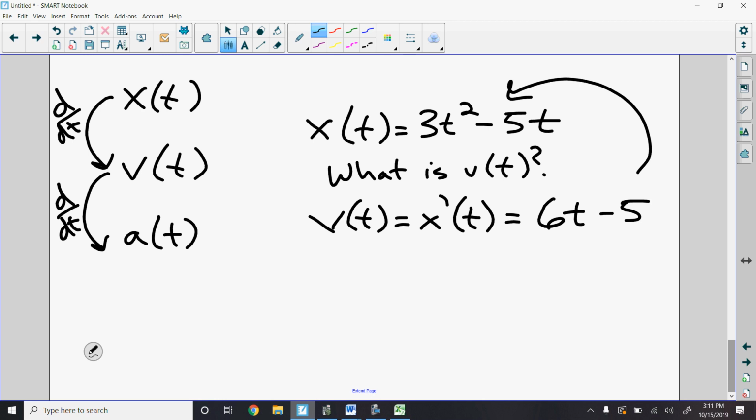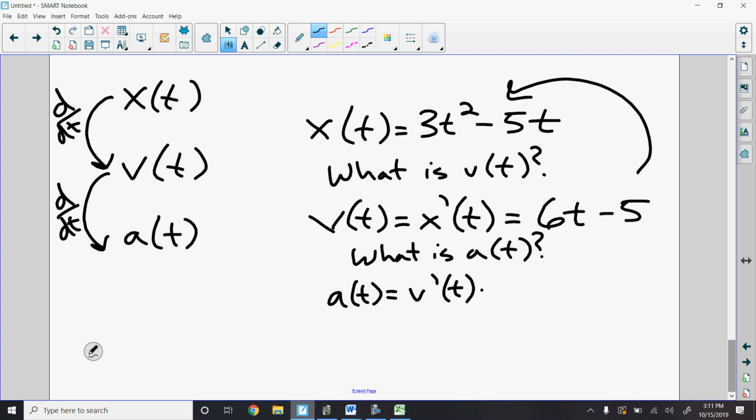Then I ask, what is a of t? From this same problem, a of t is going to be the derivative of our velocity function, which is also the second derivative of our position equation, which would be the derivative of this, which would be 6. So to move down the ladder here, we do derivatives.